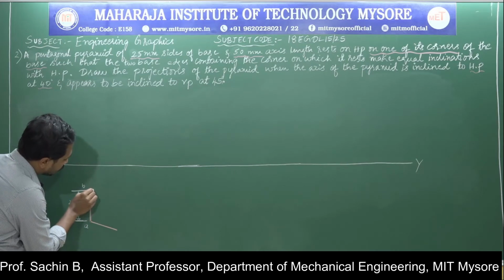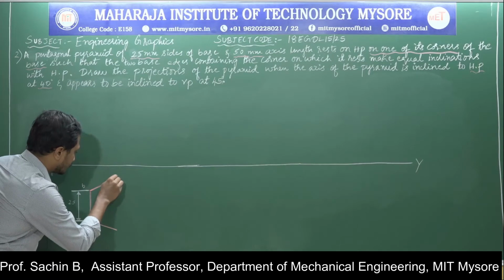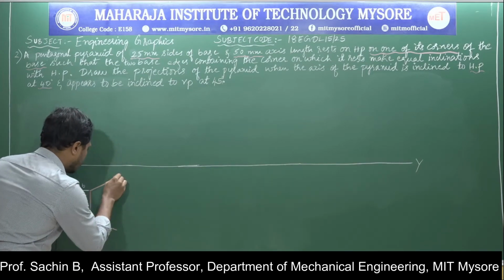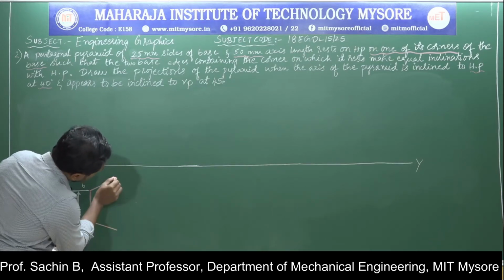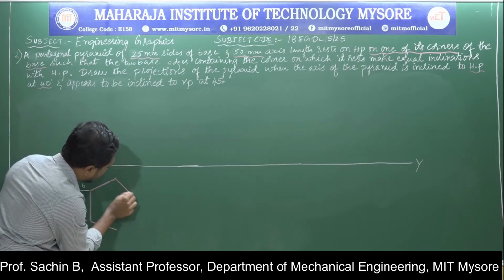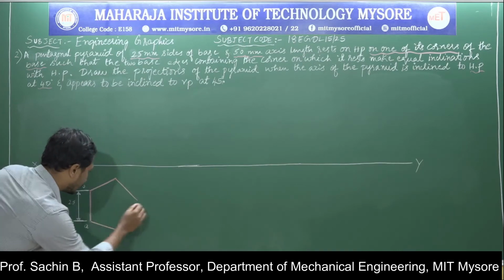Again one more edge I am representing here with the same dimension. Next, to construct another point, we can use the compass by measuring the sides. We can do that.